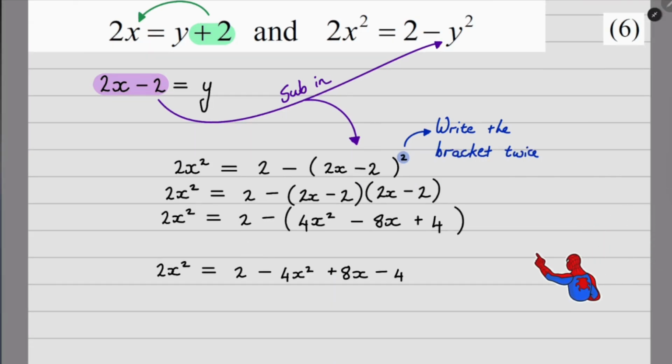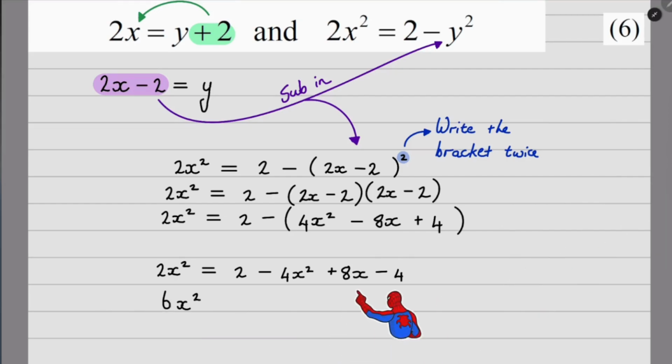Okay, once that's done, we want to get standard form. So we want to get all of these terms over to that side, and we want the correct order. So I'm going to move the x squared first, and it's going to become positive 4x squared. And then while we're here, let's quickly do these like terms. 2x squared plus 4x squared is 6x squared.